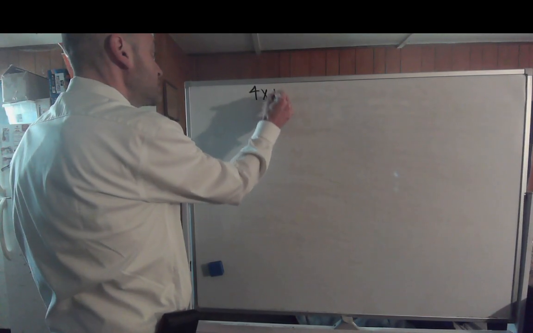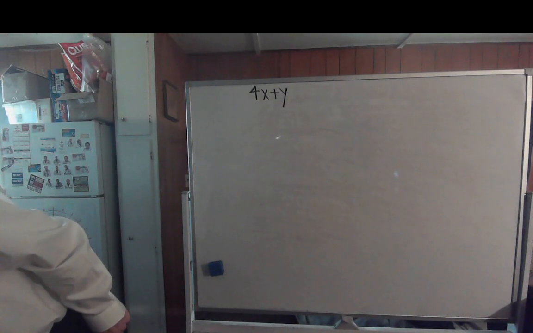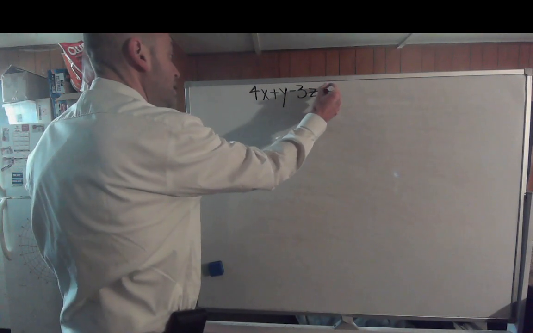Alright. Now, let's change it up a bit. So we have 4x plus y minus 3z equals 11.